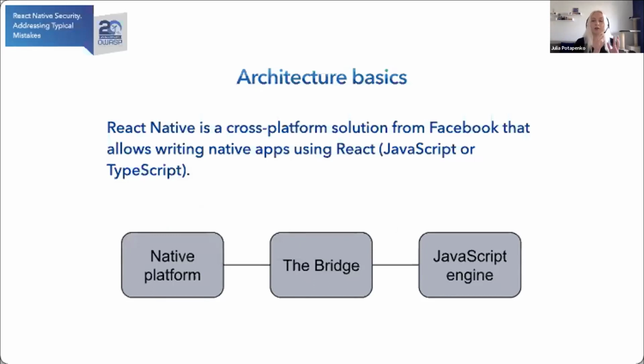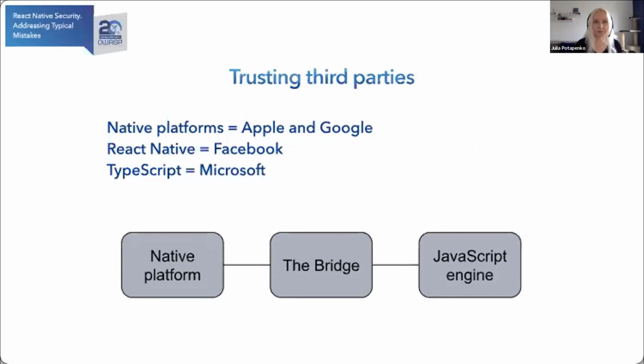So we have native platforms, iOS and Android. We have JavaScript engine. It can be custom or it can be a native one. And we have these components, the bridge written by Facebook that handles messages between native platform and JavaScript engine.